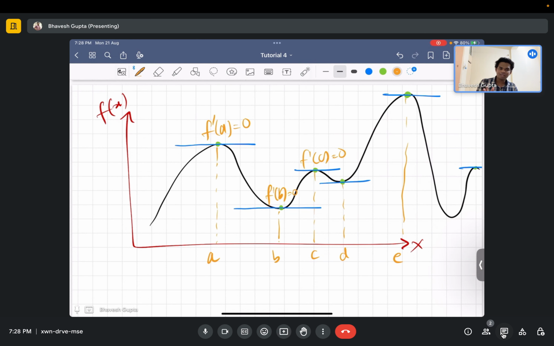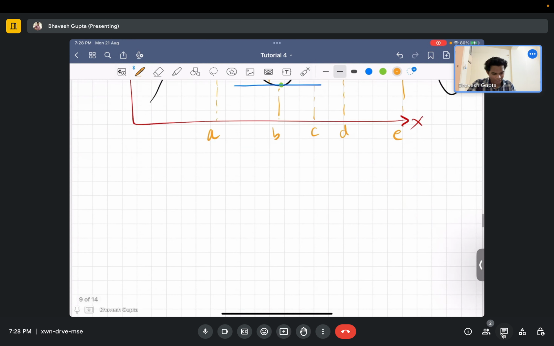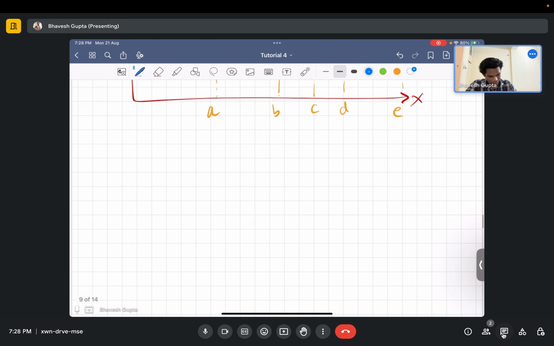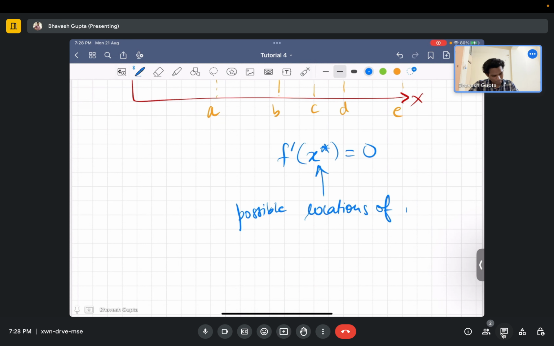So we came to know that the possibility of maxima and minima is when you try to solve this equation. Basically, these are the possible locations of maxima and minima.